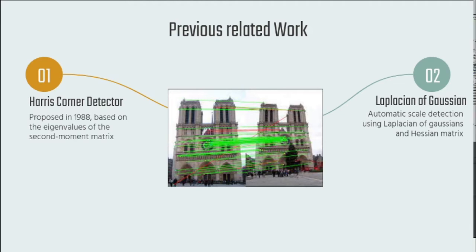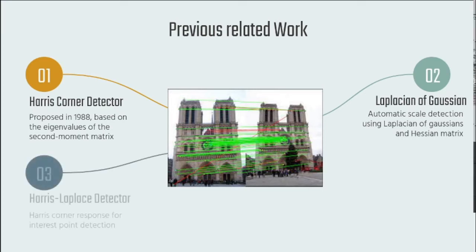It also used the Hessian matrix determinant for detecting the key points. Third is the Harris Laplacian detector. This is an updated version of Harris corner, where it used the Harris corner response for detecting the interest points and then the Laplacian for the scale detection.